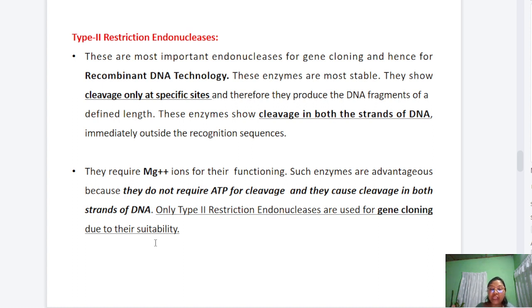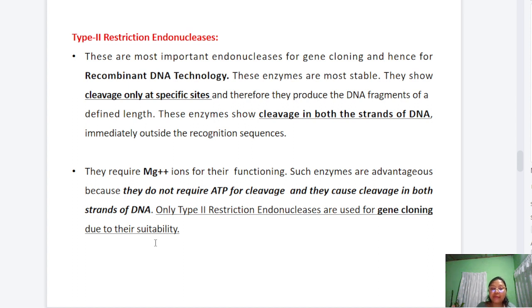So there is no variation of length, and you will know what length will be produced if this particular enzyme cuts the genome. These enzymes show cleavage in both strands of the DNA immediately outside the recognition sequences. So basically, unlike type 1, which cleaves only a single strand, here double stranded DNA is going to be cleaved.